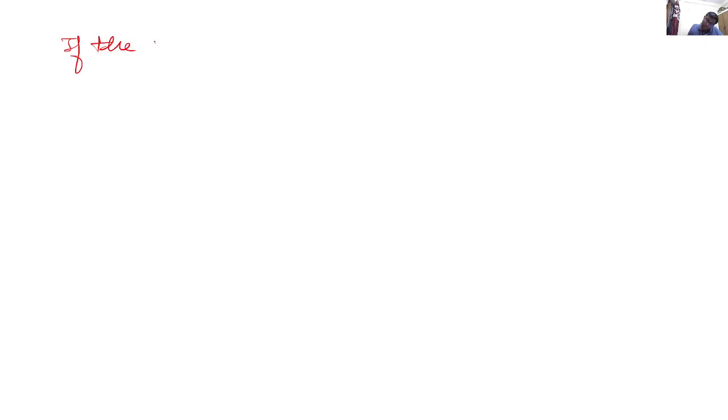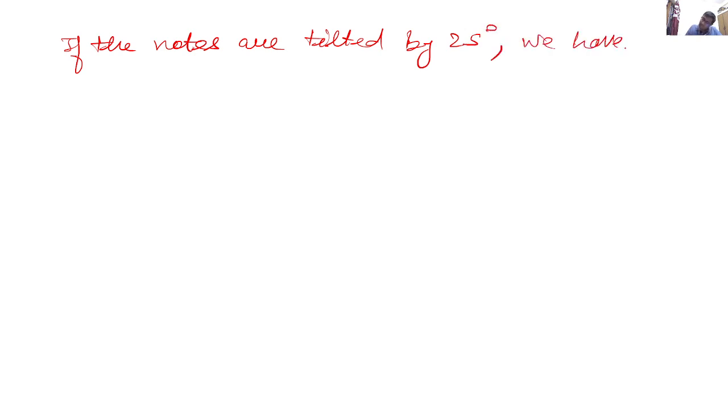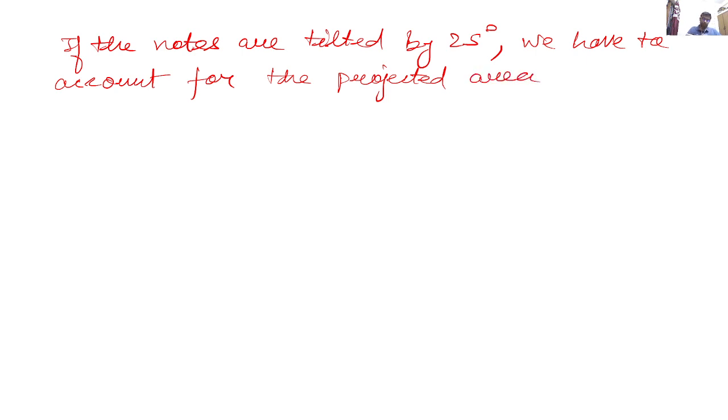So if the notes are tilted by 25 degrees, we have to account for the projected area.